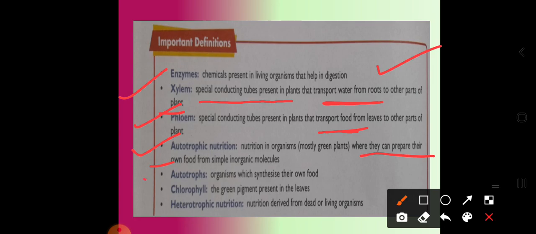What do you mean by autotrophs? These are the organisms which synthesize their own food. What do you mean by chlorophyll? The green pigments present in the leaves. Due to the presence of chlorophyll, the leaves of plants are green in color. So these are the examples and important definitions for the examination.